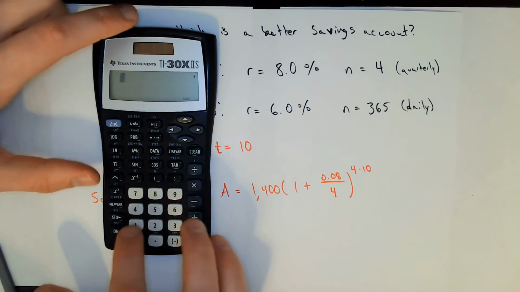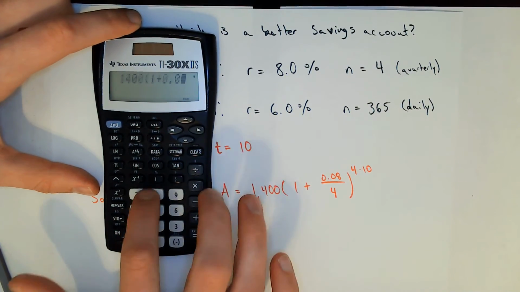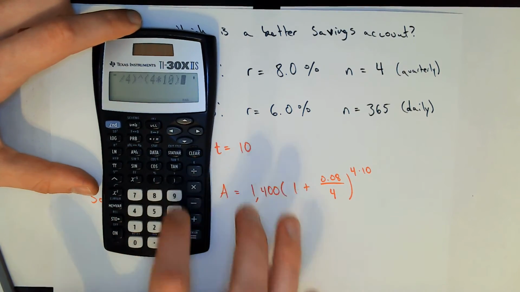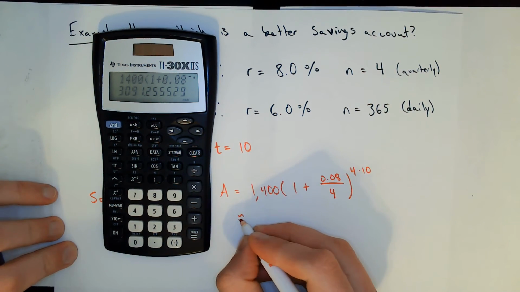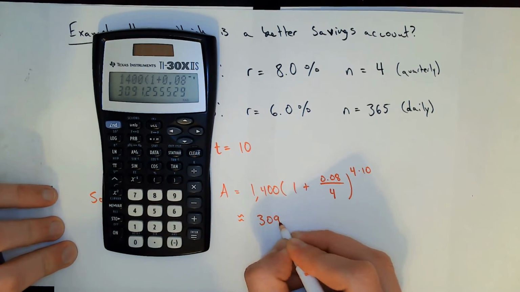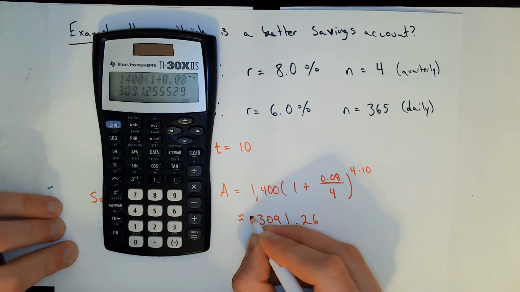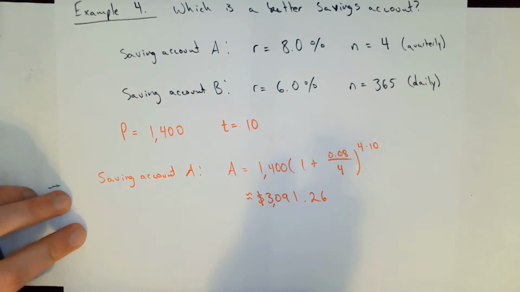So I've got 1,400, 1 plus 0.08 divided by 4, raised to 4 times 10. Okay. Ooh, where did my marker go? So I'm getting approximately $3,091.26. Okay, good.